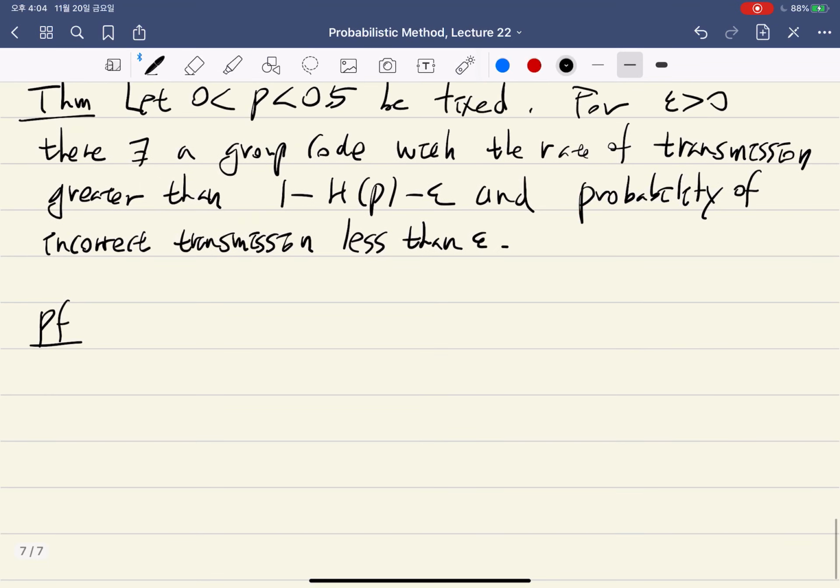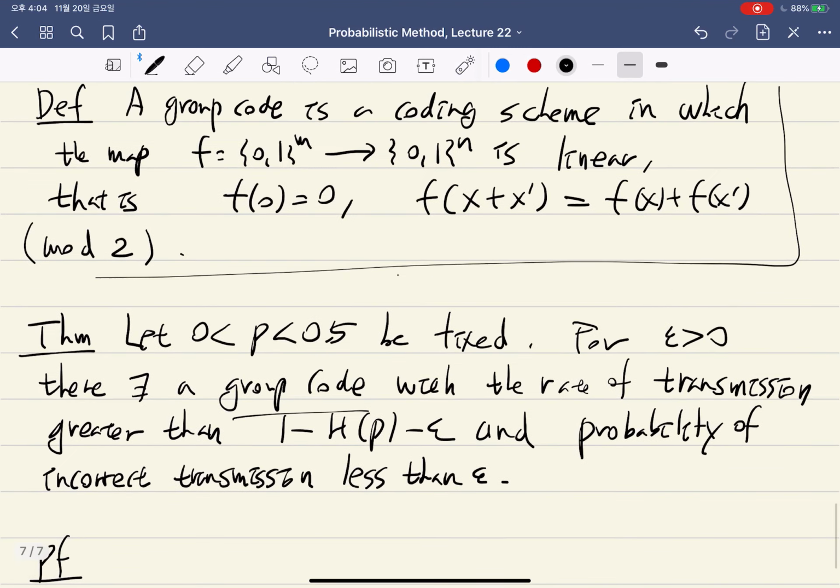So how can we prove this? As we are taking a probabilistic method course, we prove it using some probability. We want to take something at random. And what at random? We want to find the function f, which is a group code, so we want to take a group code at random. And how is a group code defined?